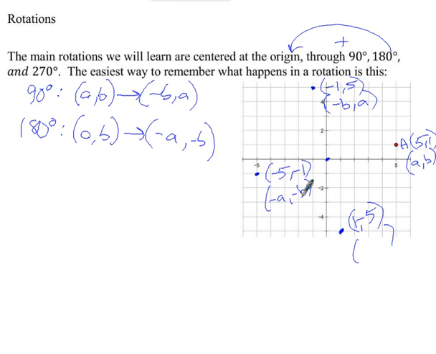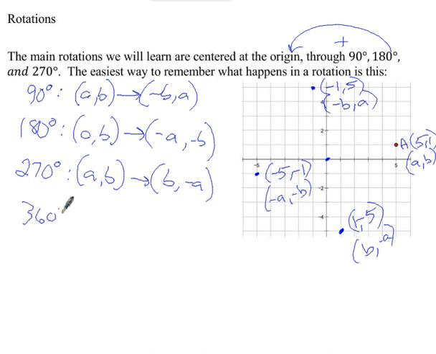We traded the x and the y again, B and A, except this time the A changes sign. So for a rotation of 270 degrees, A comma B becomes B comma negative A. If I did one more 90-degree rotation, how far would I have gone? 360 degrees. A comma B just winds up being exactly where it started, A comma B.